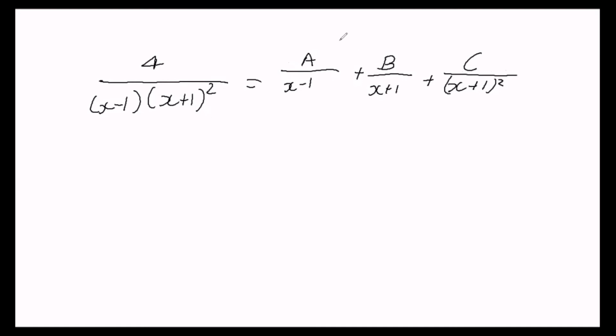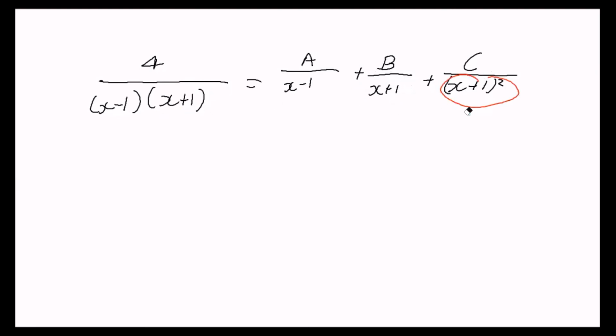So what I'm doing here, when you have a linear term with a square in the power, or any power, we go up to that power. So here I start with a power of 1, and then I go to a power of 2.